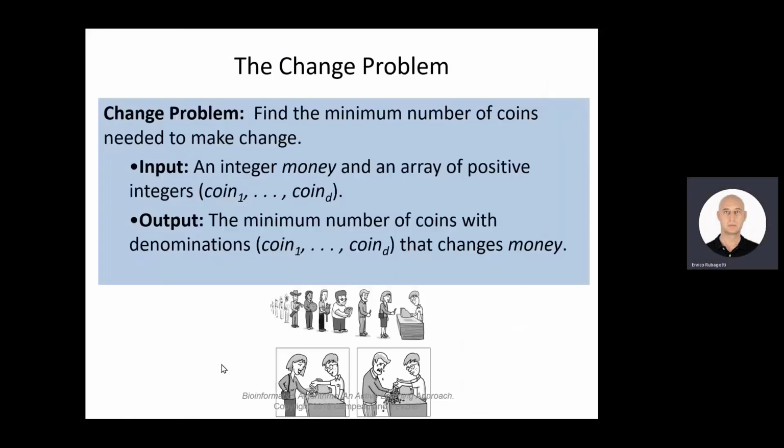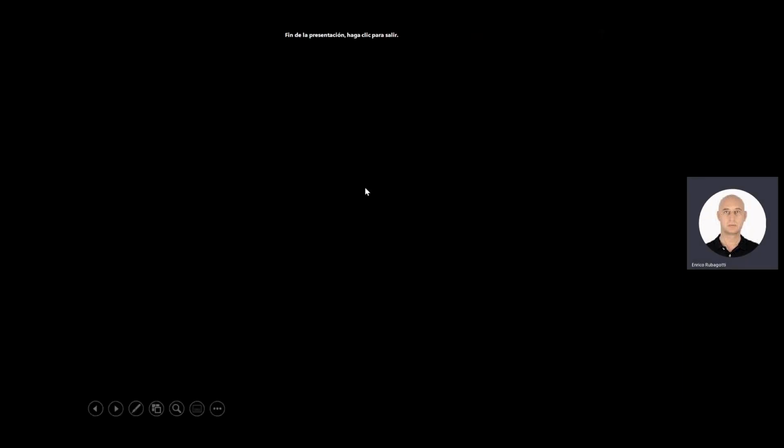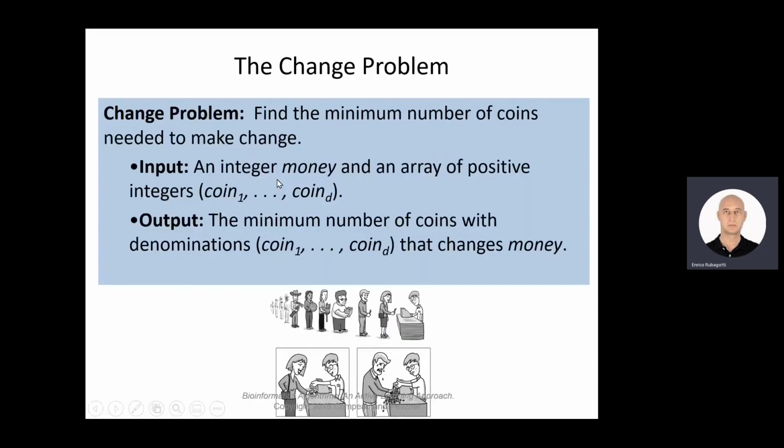In the next class, we are going to solve or describe a problem called the change problem. The change problem finds the minimum number of coins needed to make a change.